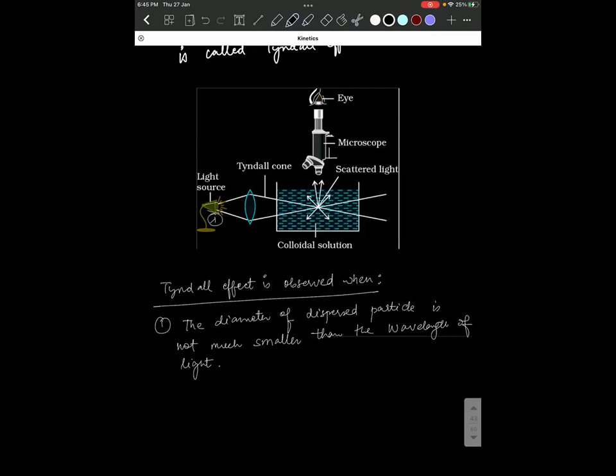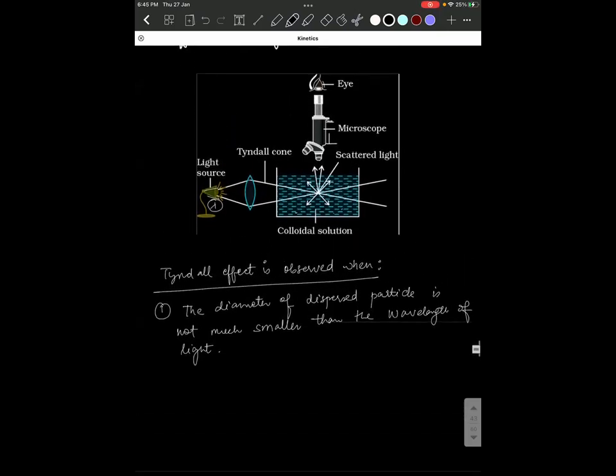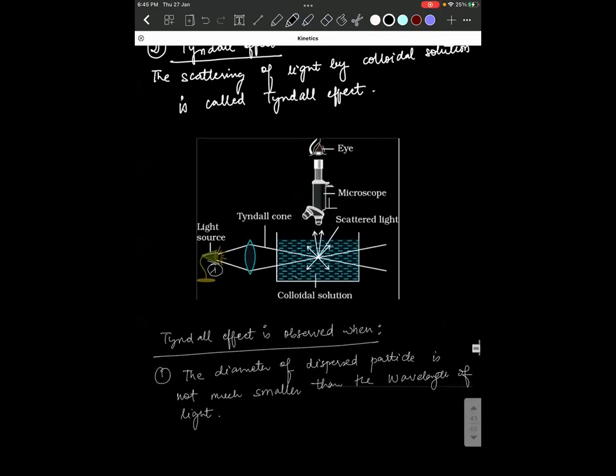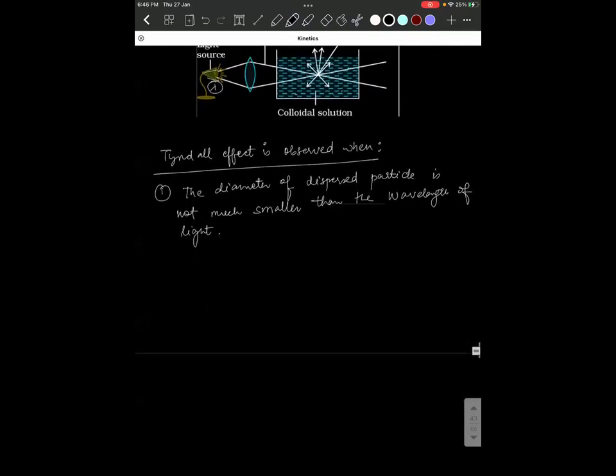Now when this light with a specific wavelength is falling on these colloidal particles, if the diameter of the dispersed particle is much smaller in comparison to the wavelength, then these colloidal particles won't be scattering that light, because they are very small in size as compared to the wavelength, so Tyndall effect won't occur. After all, what is Tyndall effect? It is the scattering of light by the colloidal particles. If the diameter of these colloidal particles is very small, then Tyndall effect won't occur.